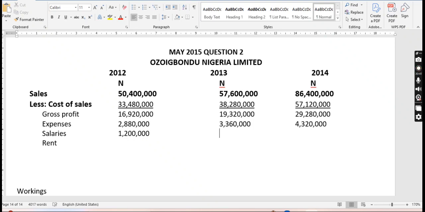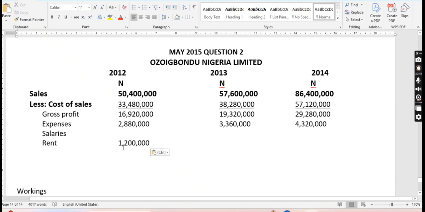Okay. Next, all 1.2 million as well. That's true. The fixed cost.